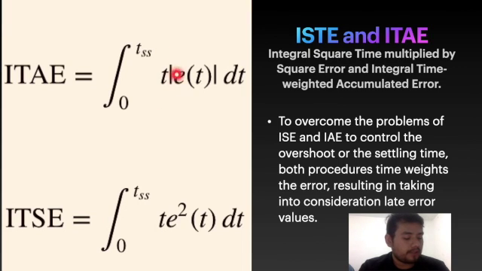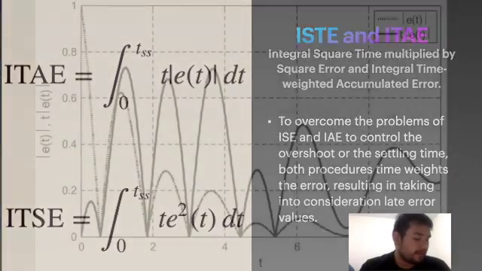So now we consider the time in both cases, and that's why we have the time weight. And this is to overcome the problems of the ISE and IAE and control overshoot or the settling time, if it's the case. But both procedures count the error even if the error is in the late time values near to the steady state time.